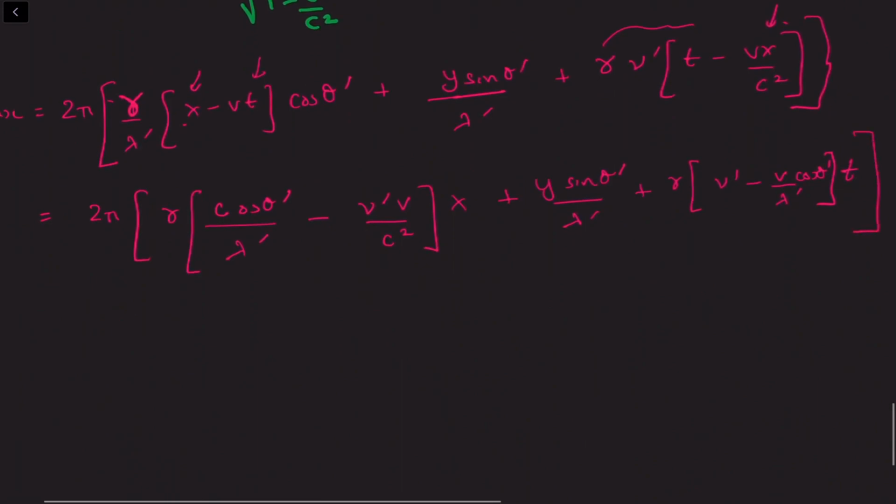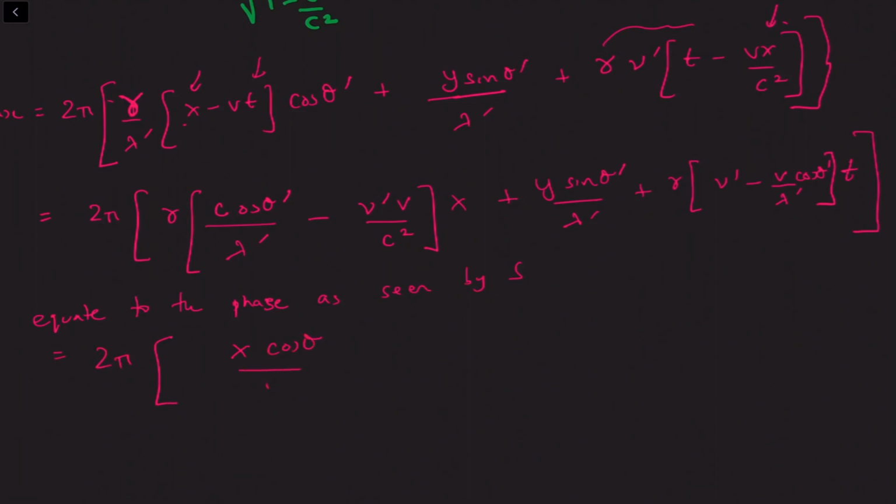Okay, so this is the phase, and this phase, so now we equate to the phase as seen by S, and that phase is 2 pi x cosine theta by lambda plus y sine theta by lambda plus nu times t.